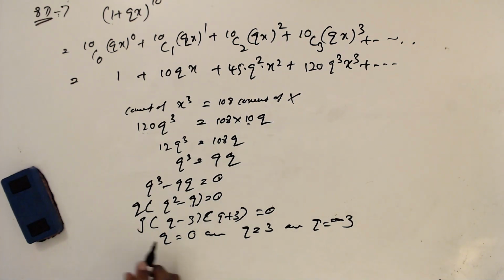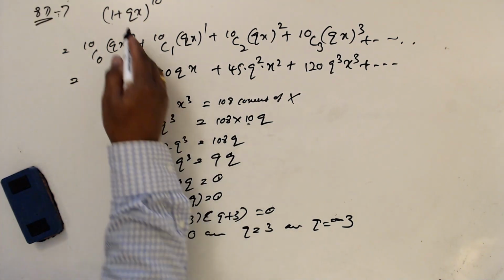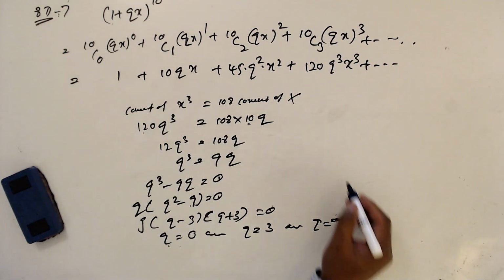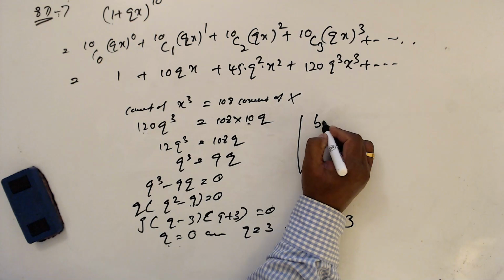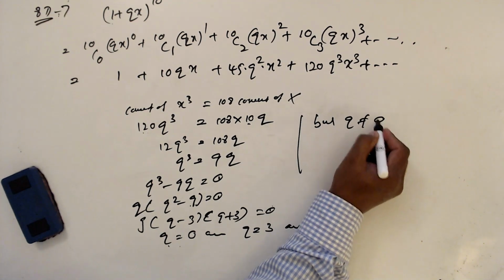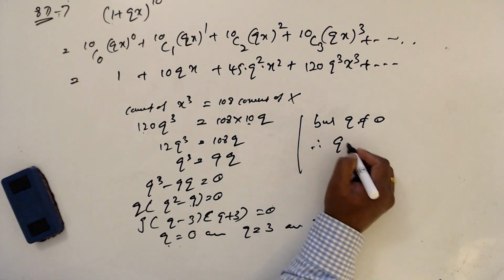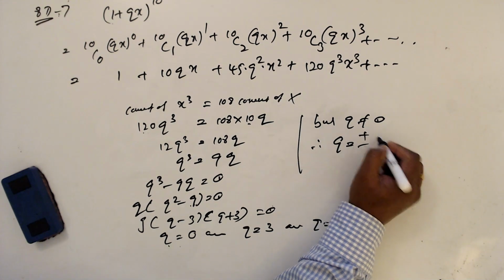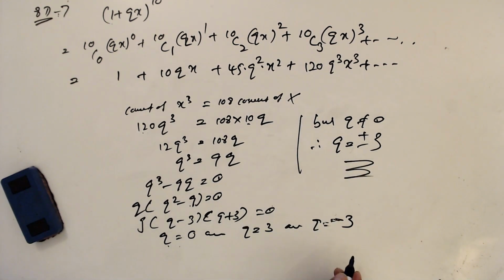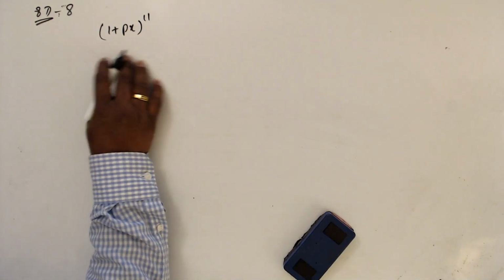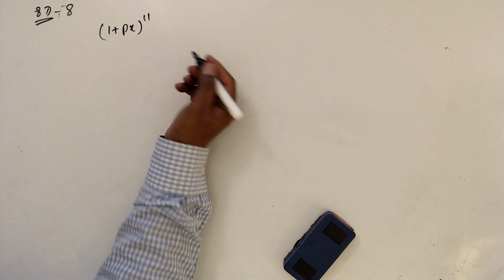So many options. But q can't be 0 because then there is no sum. So q is not equal to 0. Hence the only possibilities for q are plus or minus 3. We want to write the first 3 terms of this one.